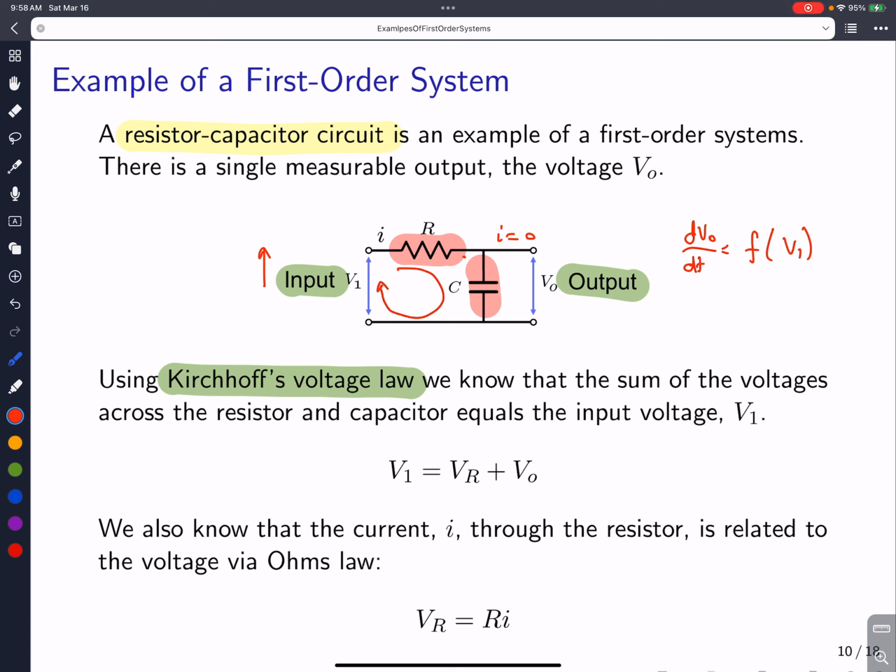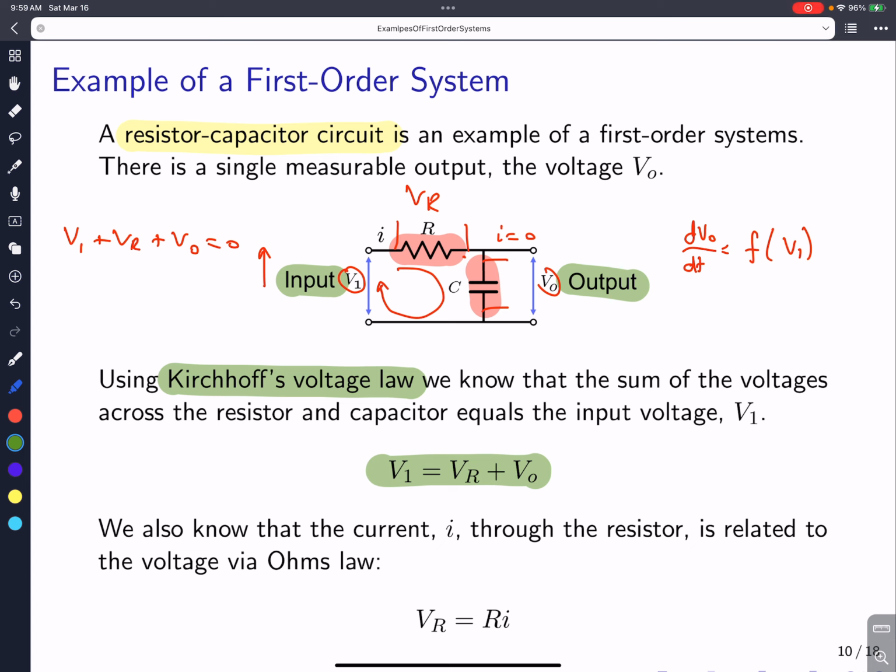There are three voltages here: V1, V0, because that's what's across here, and then this voltage here, VR, which is across the resistor. So I can write down Kirchhoff's voltage law as V1 plus VR plus V0 equals 0. I can rearrange that to get this.